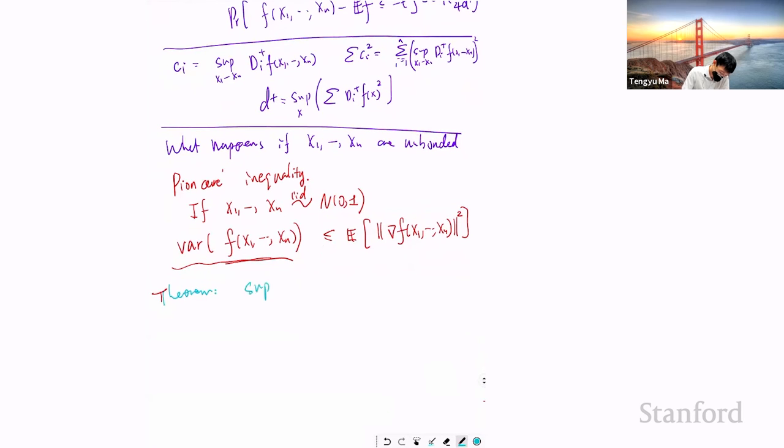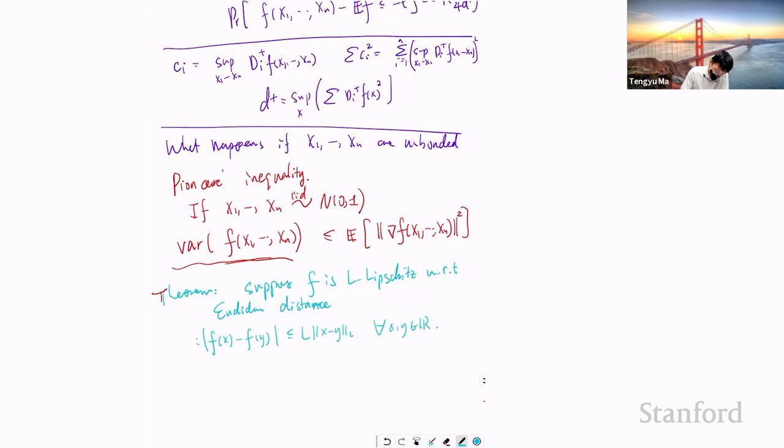Suppose f is L-Lipschitz with respect to Euclidean distance, which is saying that f(x) minus f(y) is less than L times the norm of x minus y, for every x and y.